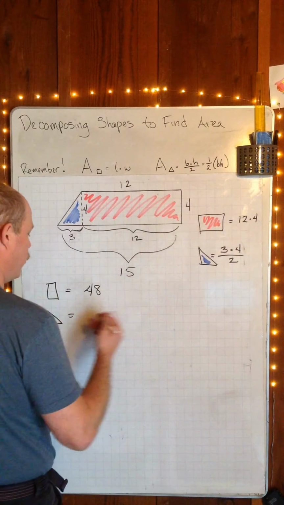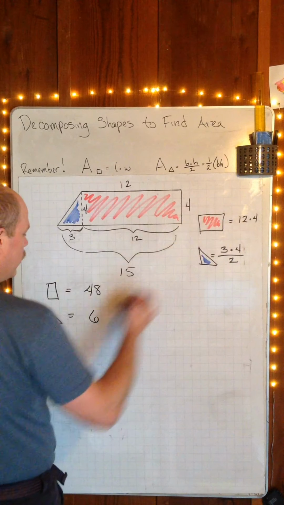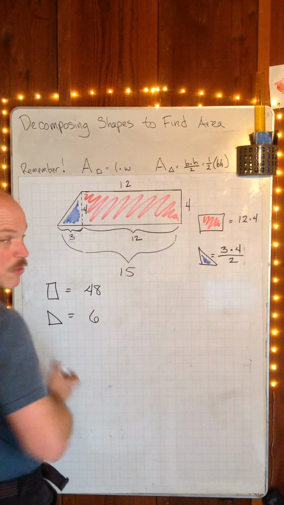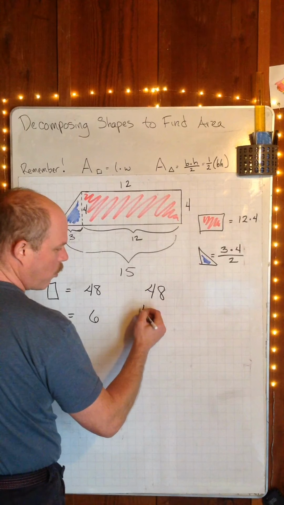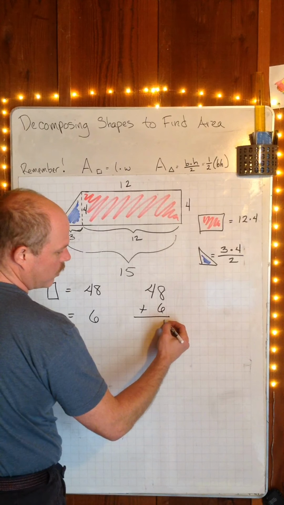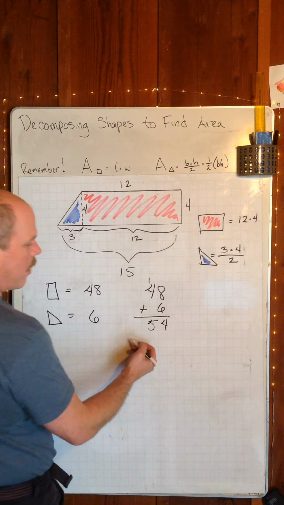And 12 divided by 2 equals 6. So my rectangle is 48, my triangle is 6. Put them together, which means add them up, right? Sum them. So I need 48 plus 6. 8 plus 6 is 14. Carry my 1. I've got 54. So my answer is 54.